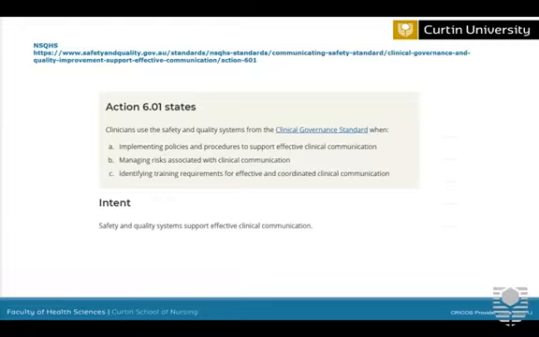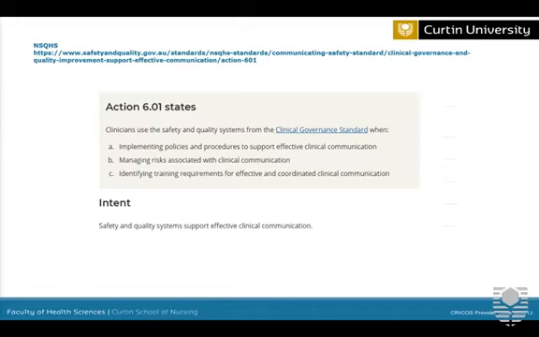So this is an example from the NSQHS around our communication for safety standards. Even though we have a clinical governance standard, we also know that the communication for safety standard has its own requirements, and we can see that this standard is about ensuring effective clinical communication.